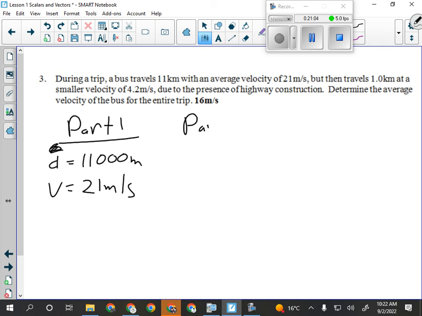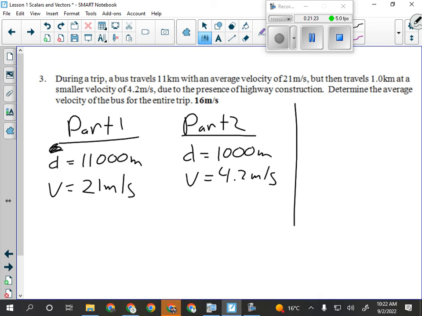Then in part 2, I've got a distance of 1,000 meters, and a speed, it says velocity, but it should say speed, 4.2 meters per second, right? So now everything matches. Now I should be able to calculate the velocity of the bus for the entire trip, provided I get something for each of sections 1 and 2, and it's the same thing. What is it? Time, right?